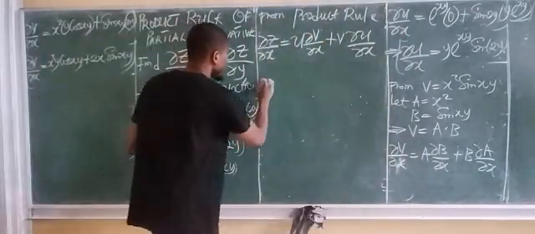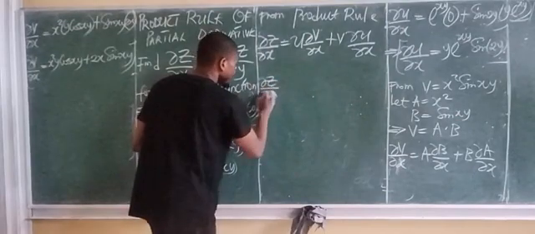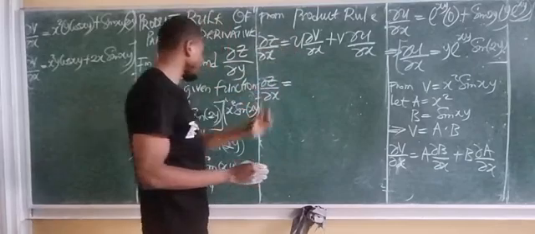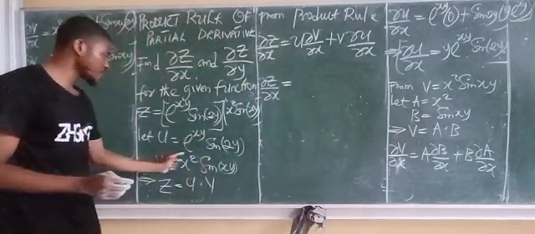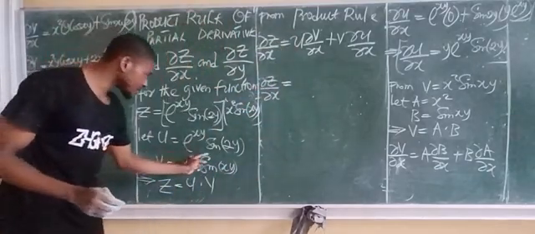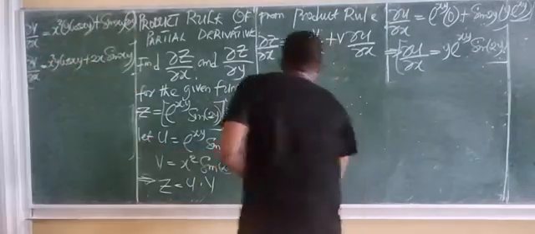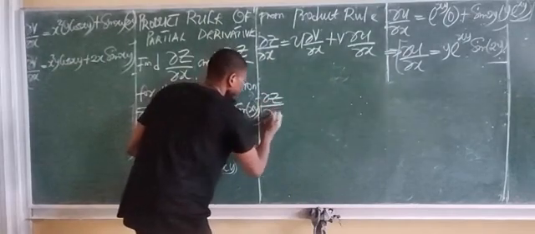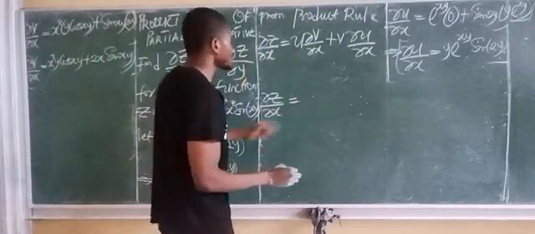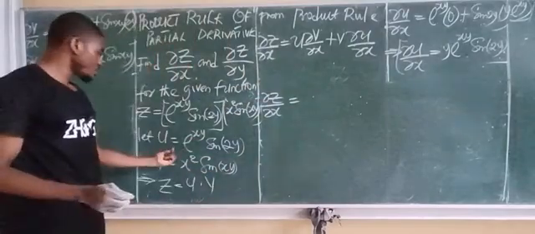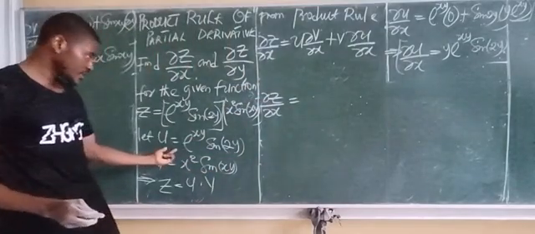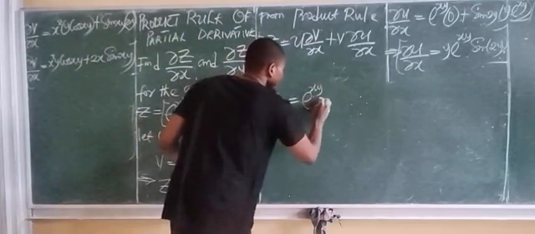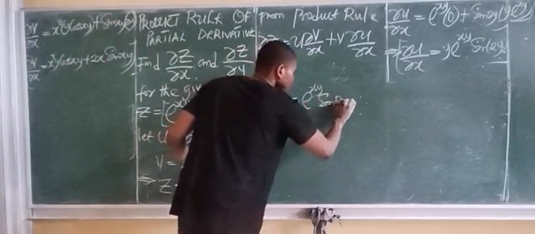All right, so partial z partial x is now equal to, so first of all, we said keep u constant, and we said let u be equal to exponential xy sine 2y. So u is simply exponential xy sine 2y.